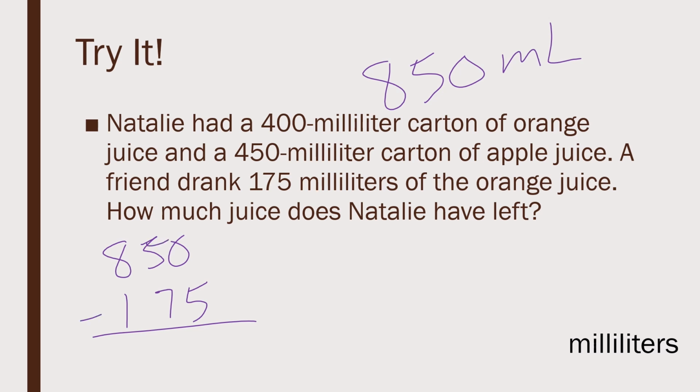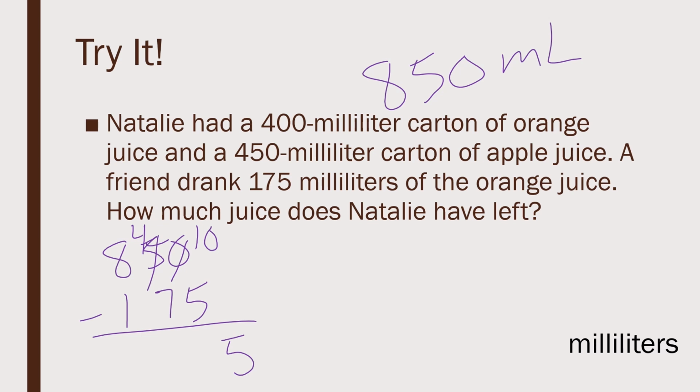So if we subtract our ones first, we know we can't take 5 away from 0, so we have to go to our tens and regroup. So if we take 1 ten away, we're left with 4 tens, and our 10 can regroup to 10 ones. So now we have 10 ones, so minus 5 ones, we have 5 ones left over. Can we take 7 tens away from 4 tens?